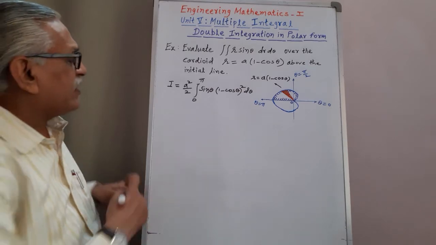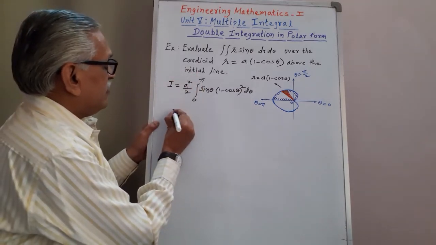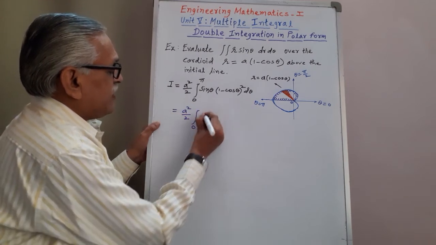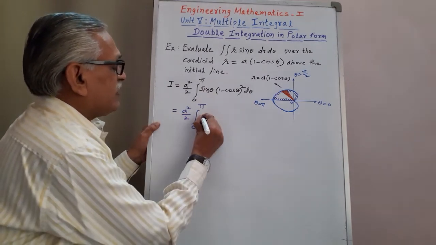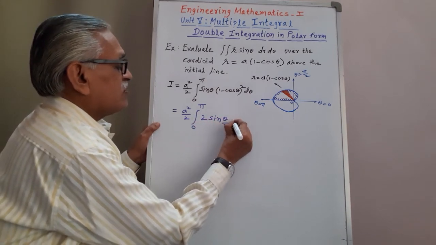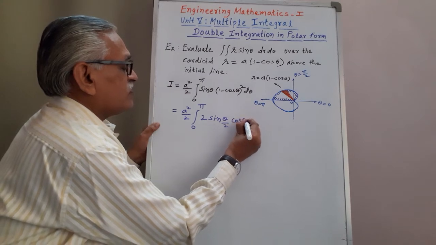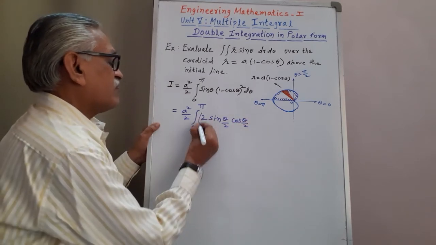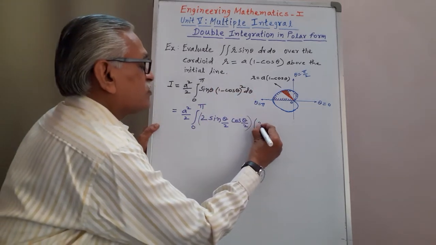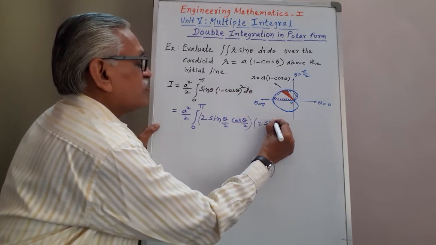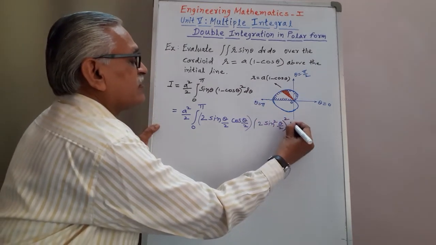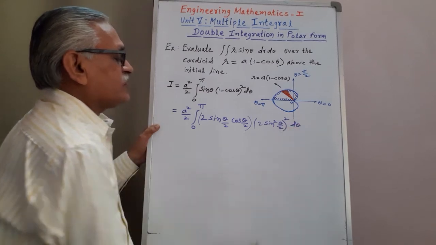Converting it into half angle, we get a square by 2 as it is, limit 0 to pi as it is, sin theta we can write as 2 sin theta by 2 into cos of theta by 2, and 1 minus cos theta is 2 sin square theta by 2, and that bracket square, and its integration with respect to theta.